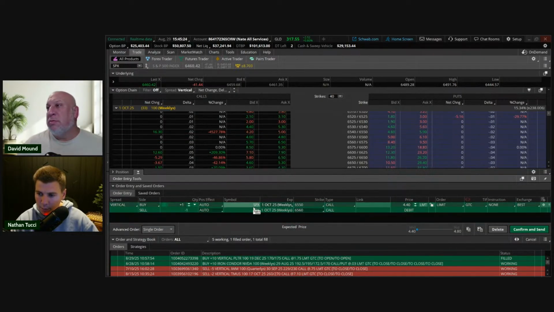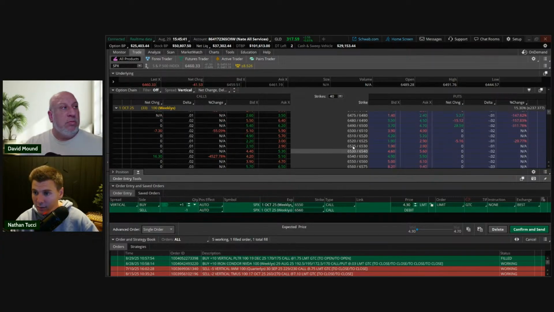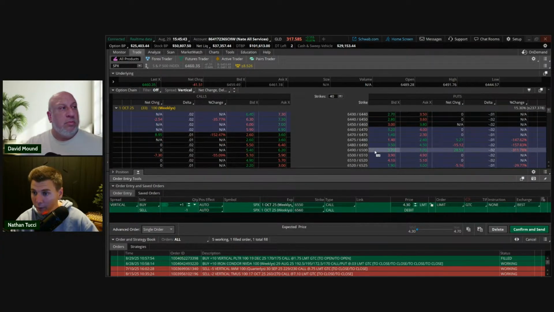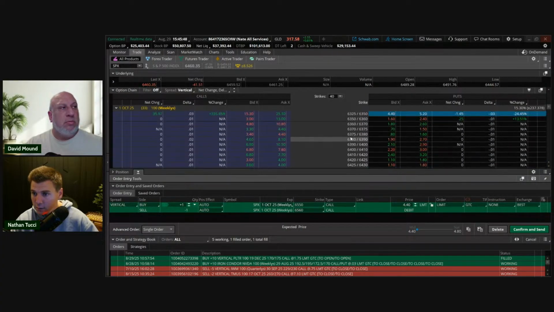That's a $10 spread priced at 4.30. So basically you're looking at around 1-to-1, about 100% return for 100 points up. But if we go 100 points down to 63.60, it looks like they're going to be a little bit cheaper on the 63.60 side. Let's scroll on down here.